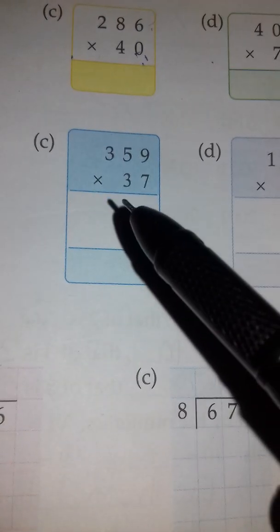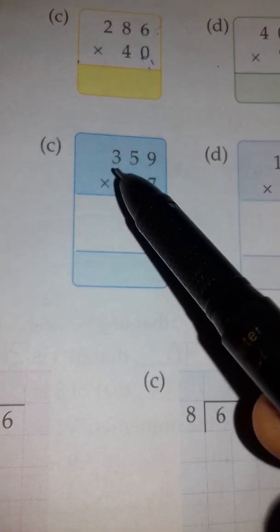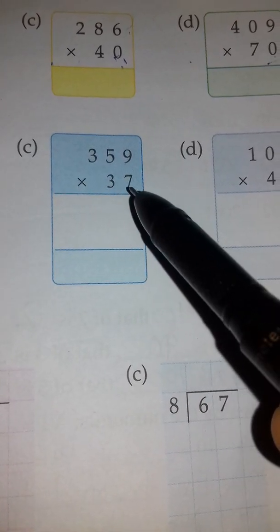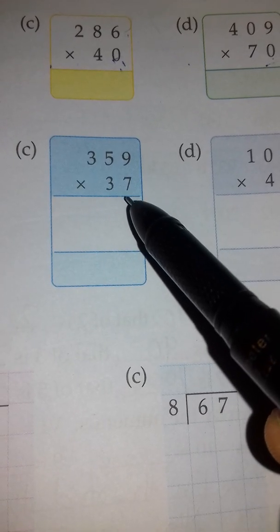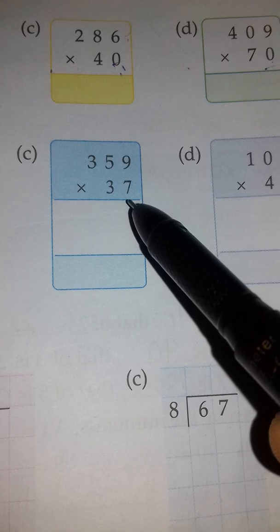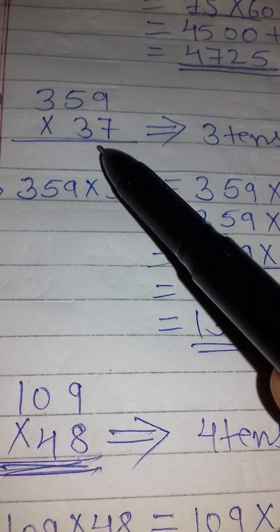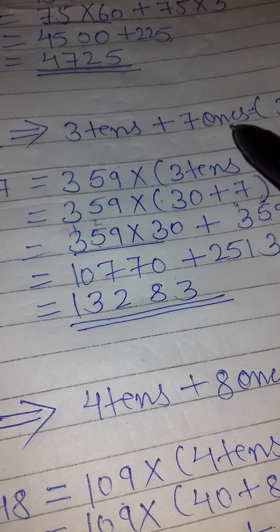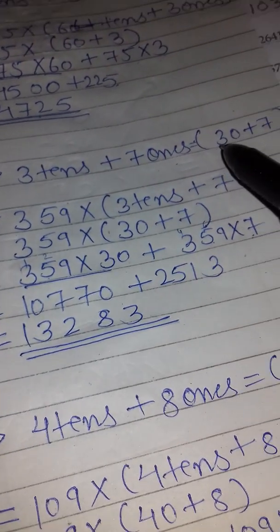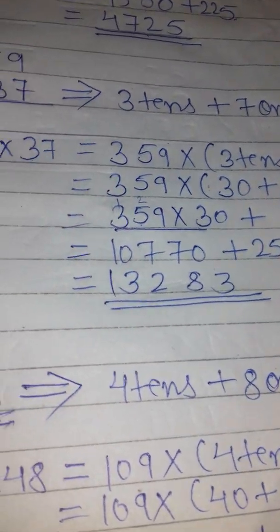Now see question C1, 11th C: 359 into 37. You have to multiply this number. Now what is the multiplier here, students? Yes, 37. 37 means 3 tens and 7 ones, which is 30 plus 7. Very good.